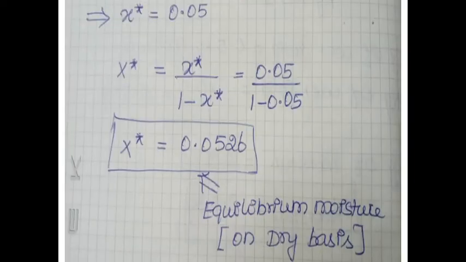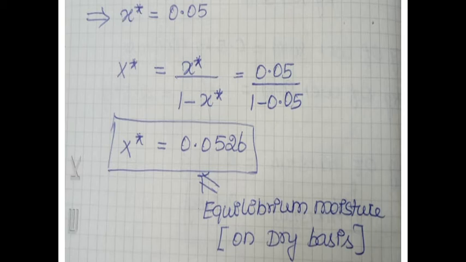Next given data, equilibrium moisture content on wet basis. Already I said in drying problems, if the data are given in wet basis, we have to convert them into dry basis. Small x is taken as wet basis moisture content, capital X is taken as dry basis moisture content. For this case, small x star is given data, that is equilibrium moisture content on wet basis. So 5% that is equal to 0.05.